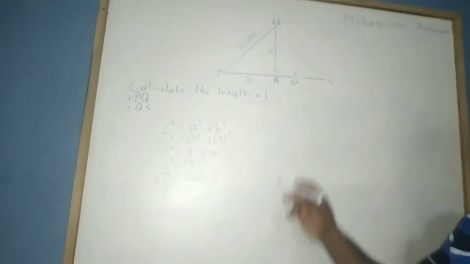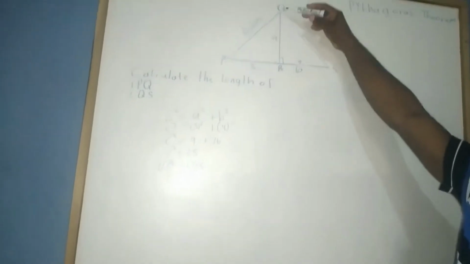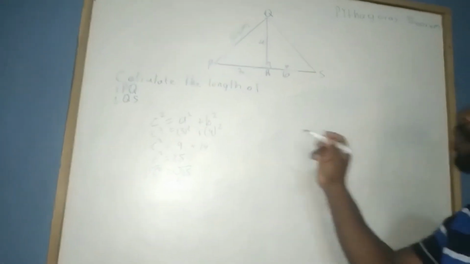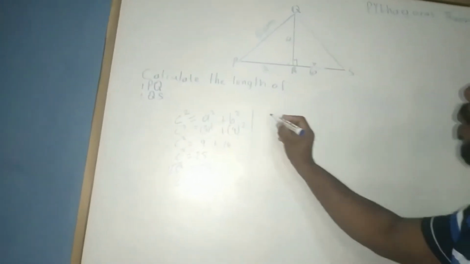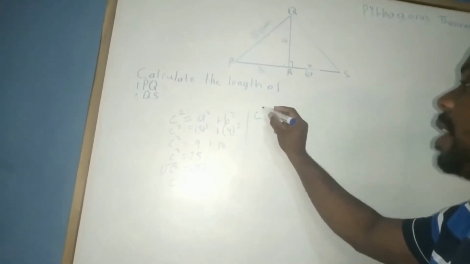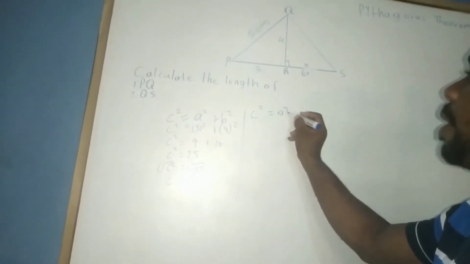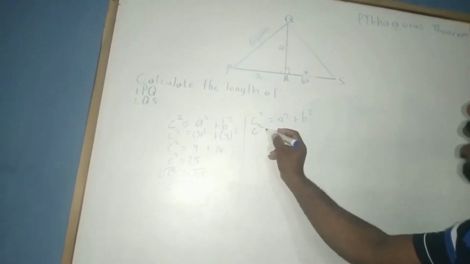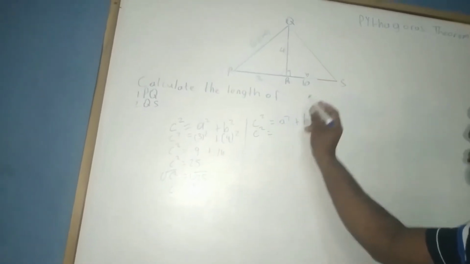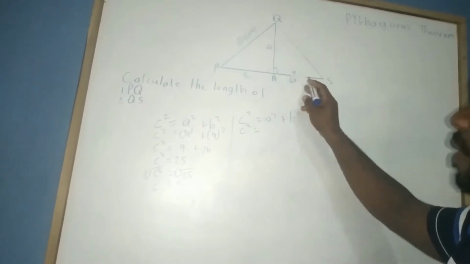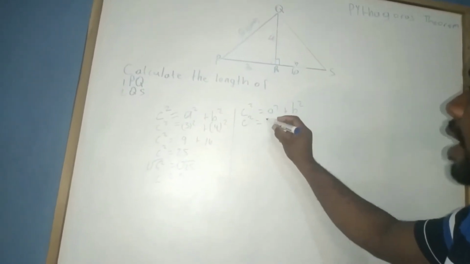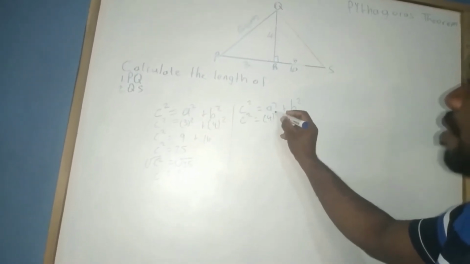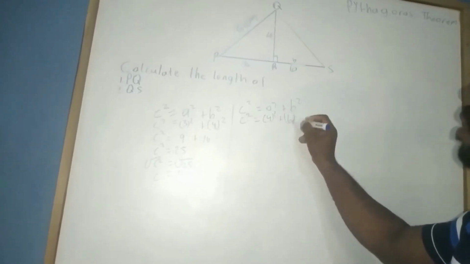Now we're going to find the next length, which is QS. Using the same formula, C squared is equal to A squared plus B squared, we can name any one of these sides A or B, it works for both. So let's say 4 squared plus 6 squared.